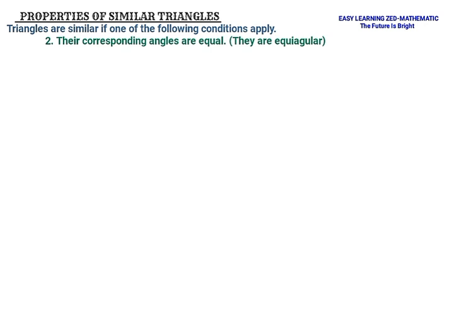If you find that the two triangles have congruent angles, then these triangles are similar. Even if the lengths are different, as long as they have congruent angles, they are similar. Let's look at these two triangles.